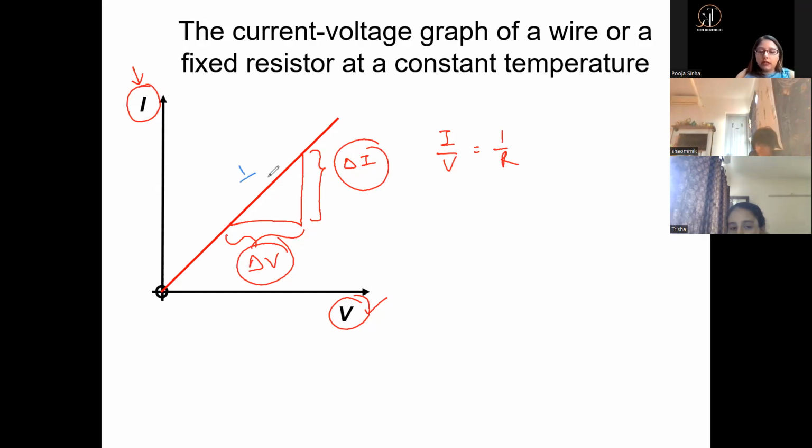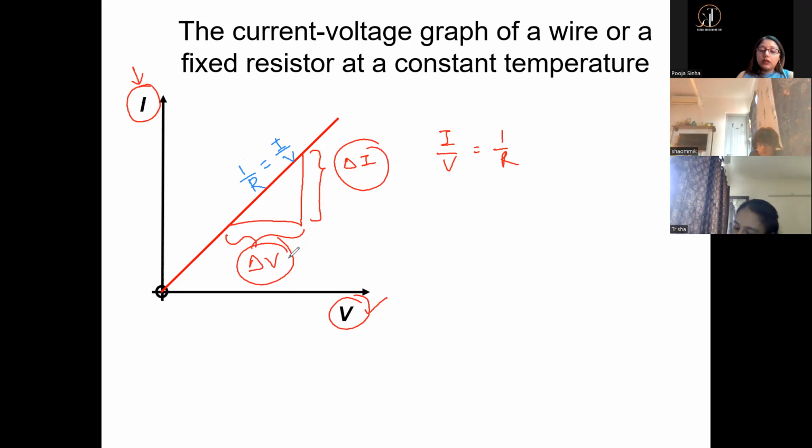They forget and write this as R, but यहाँ gradient हमको I upon V मिल रहा है, not V upon I. इसलिए जब भी हम ये कैलकुलेट करेंगे तो हमको हमेशा रेसिप्रोकल करना होगा. Keep that in mind. ठीक है? Keep that in mind.